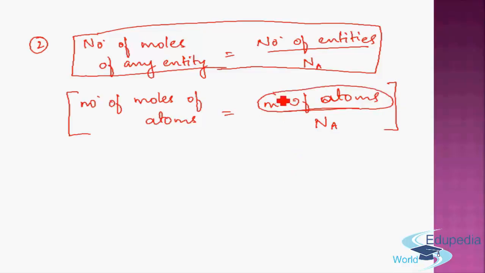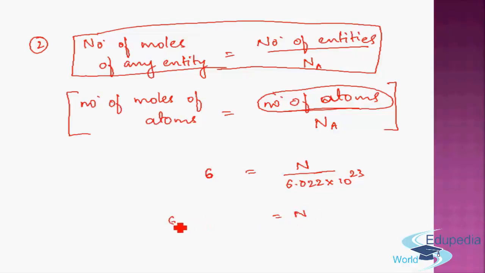Okay, so here you have to find number of atoms of nitrogen. That means you have to find the numerator. Let's say the answer is capital N. So number of atoms of nitrogen is capital N divided by Avogadro number, which is 6.022 into 10 to the power 23, is equal to number of moles of atoms. We have already calculated in the first part that number of moles of nitrogen atom present with us is 6.